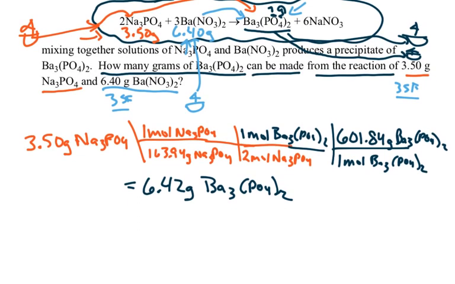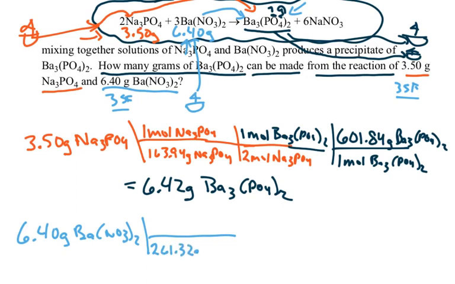Now, let's do it one more time, but this time we're going to start with 6.40 grams of barium nitrate. Okay. Here's 261.32 grams of barium nitrate in a mole.